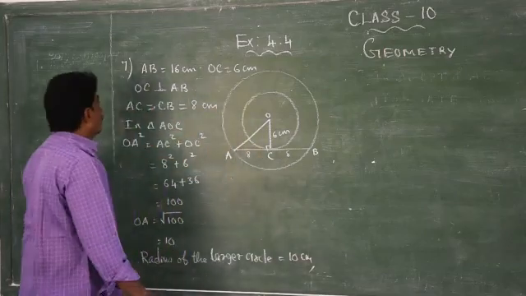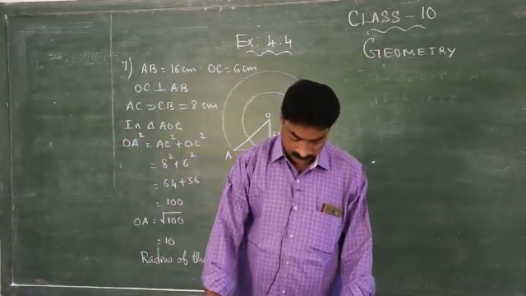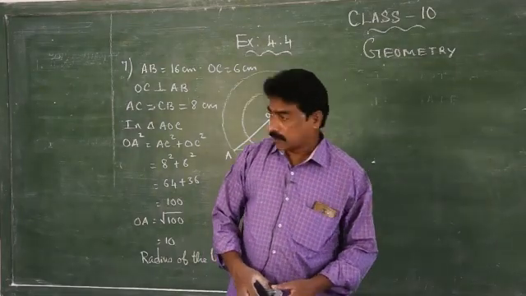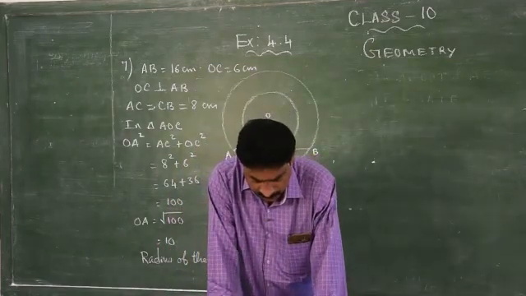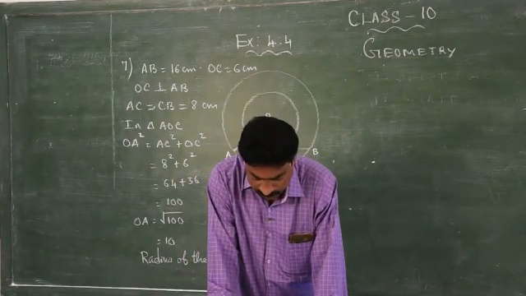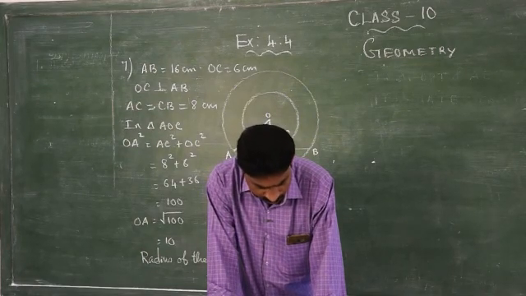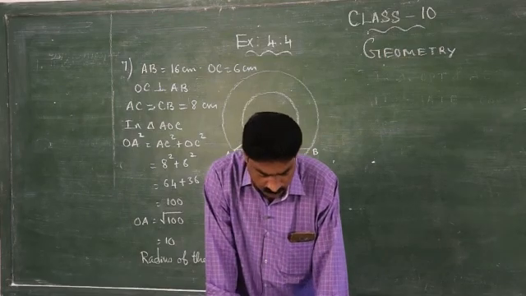That's it. Now, eighth sum. Two circles with center O and O dash, of radii 3 and 4 respectively, intersect at 2 points P and Q, such that OP and O dash P are tangent to the circles.